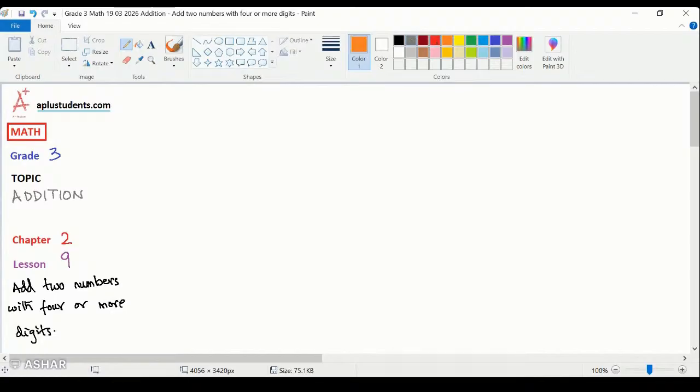We know that the smallest one is ones, then we have tens, then we have hundreds, agreed, then we have thousand, then we have 10,000. Okay, this would be a 5-digit number. 1, 2, 3, 4, 5. Okay, so these are the digits.